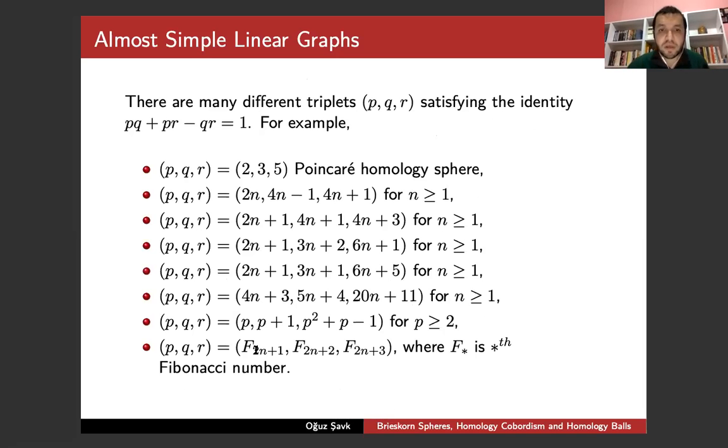First of all, the famous Poincaré homology sphere. The second singularity is also very interesting because there is a classical result in low-dimensional topology that says every three-manifold can be obtained by surgery on links.